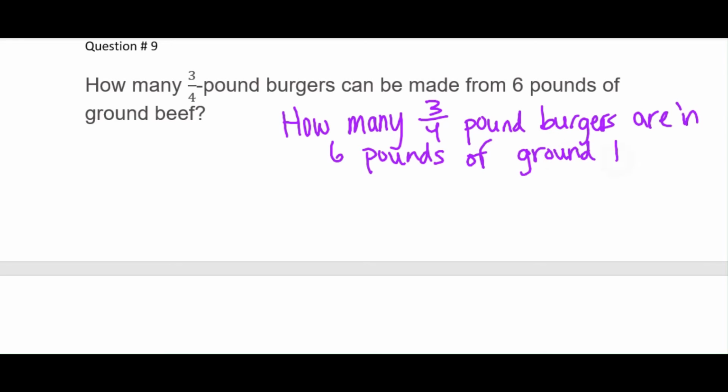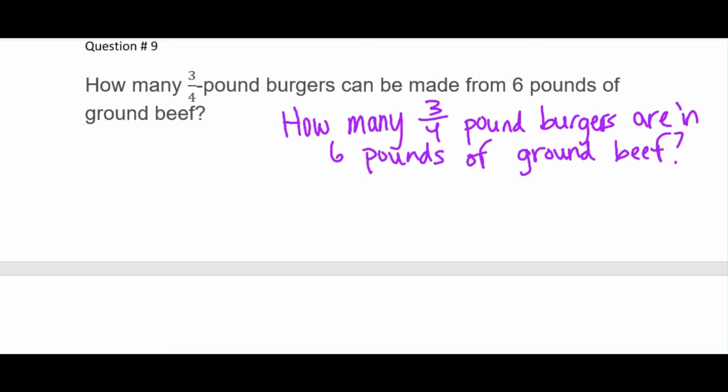And I thought my little example from our notes, my slides with the patties being made, would help with this question, but I guess we got to work on it a little bit more. So we're trying to figure out how many groups of 3/4 are in 6 pounds of ground beef.